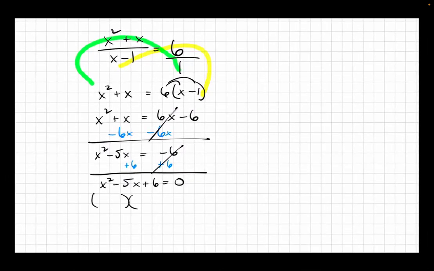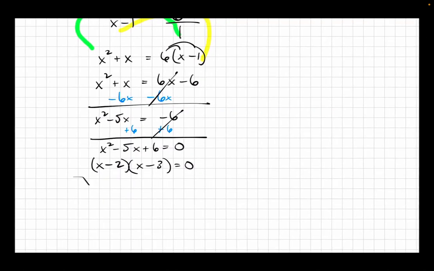So one more time, what are the two numbers that multiply to positive 6 and add to negative 5? Negative 2, negative 3.